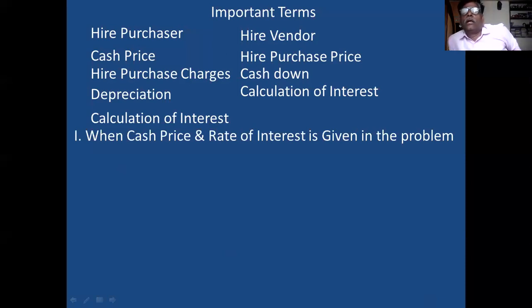The first method of calculating the interest. In the first method, cash price and rate of interest are given in the problem. Remember this. In that problem, they give you the cash price of the goods and rate of interest.